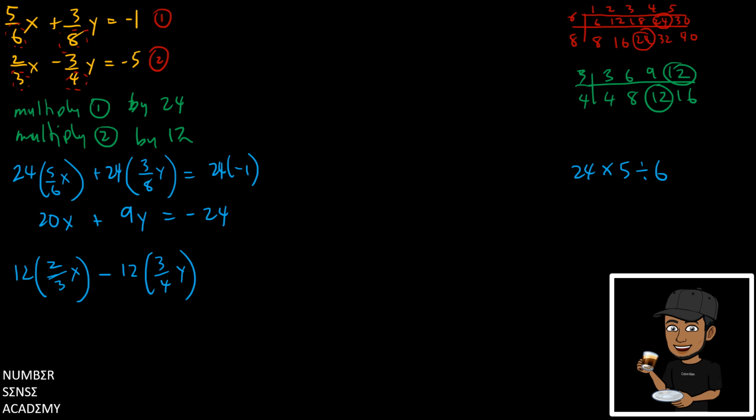If you're not comfortable with brackets and parentheses, that might be something to look at, but you should be comfortable with this. I could have put plus 12 and then kept the minus 3 in the brackets, but I just chose to keep it out front because I know at the end I'm still going to be minusing. And then I'm going to go 12 times negative 5. So 12 times 2 divided by 3 is 8x, minus 12 times 3 divided by 4 is 9y. And then 12 times negative 5 is negative 60.